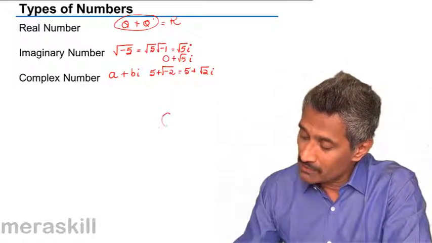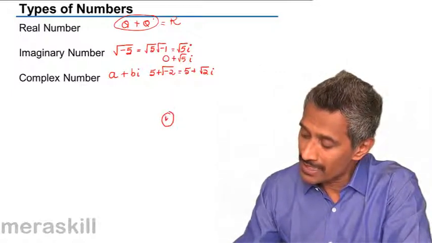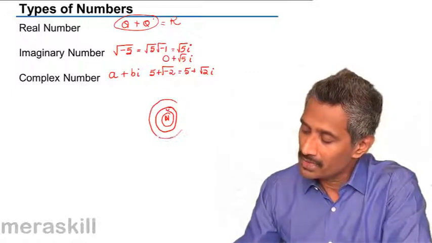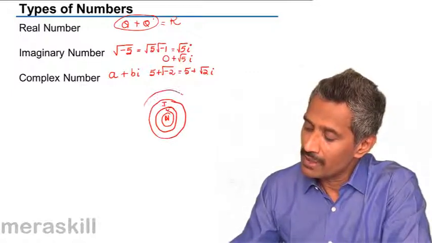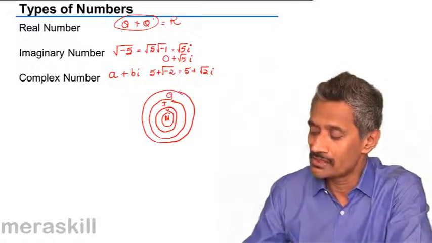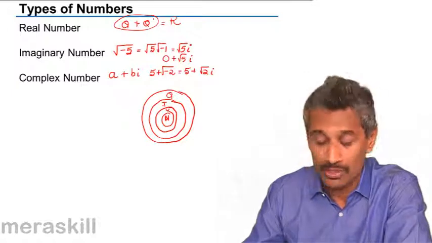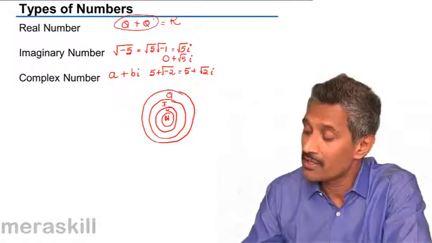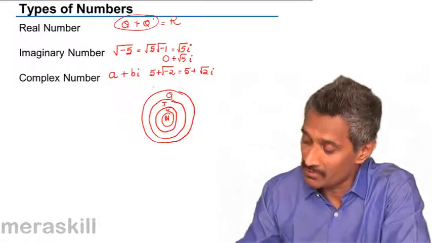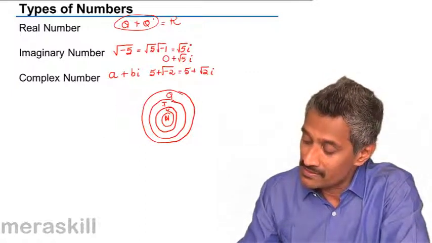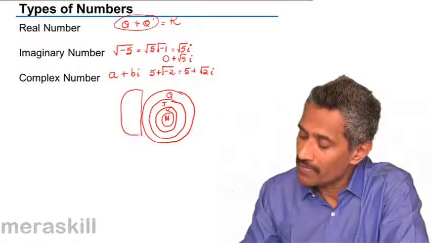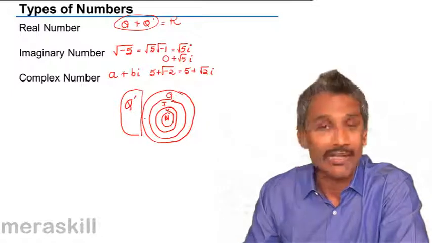You have the set of natural numbers, then the set of whole numbers, then the set of integers, then the set of rational numbers, Q. So in simple words, natural numbers are part of whole numbers, which are part of integers, which are part of rational numbers. And outside this, on this side, you have the set of irrational numbers, that is Q dash.